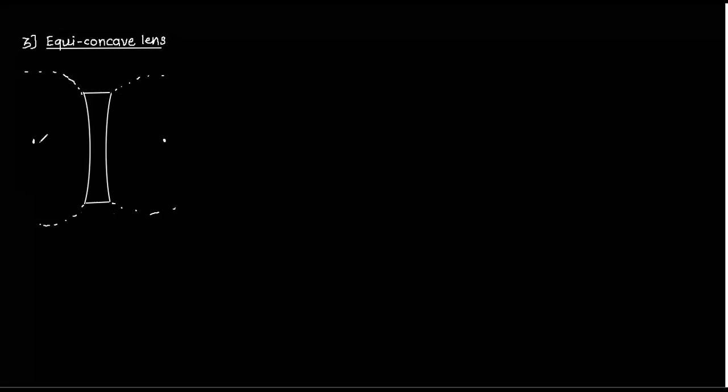You are measuring from this to here, and light is falling from this side. So if this is the center, you are going to measure here, which is opposite to the direction of light. So here R1 is equal to minus R, R2 is equal to plus R.